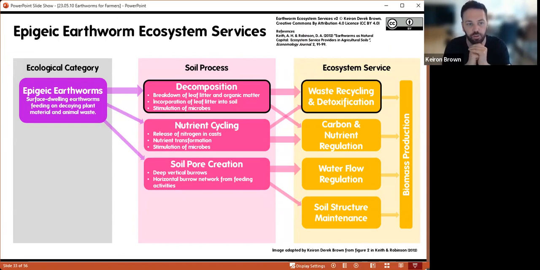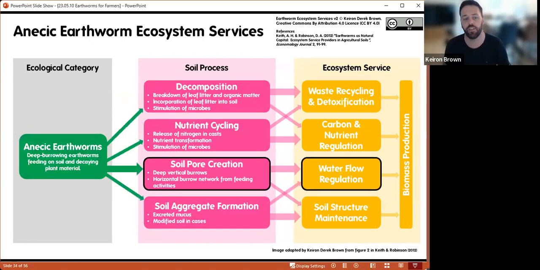So epigeic earthworms, those surface-dwelling ones that feed on leaf litter, they contribute to a number of soil processes, so decomposition, nutrient cycling, and soil pore creation, but they contribute a lot more to decomposition. And one of the main ecosystem services that comes out of that is waste recycling and detoxification of the soils.